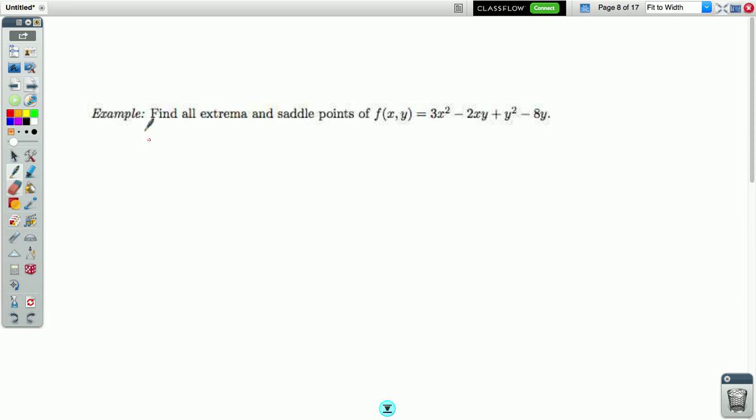So let's use that. Here is a pretty friendly function of two variables, f of x and y. Now, in order to find the critical points, we just need to set both of the partials equal to 0 and find what are the points that make that happen.